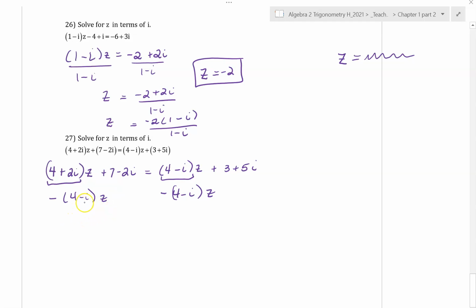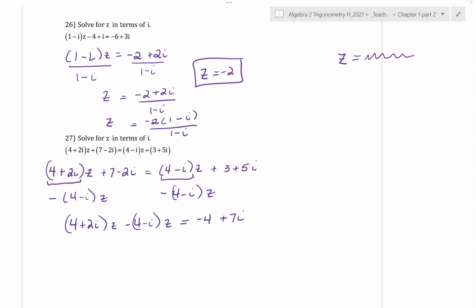So we have 4 plus 2i z minus 4 minus i z. And then let's go ahead and subtract the 7 and add the 2i to both sides of the equation. All right, so go ahead and pause the video and check your work.